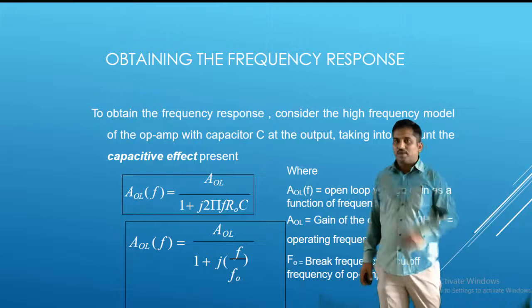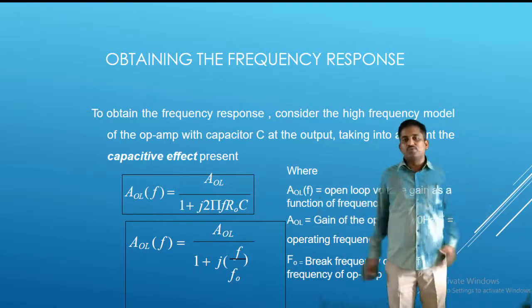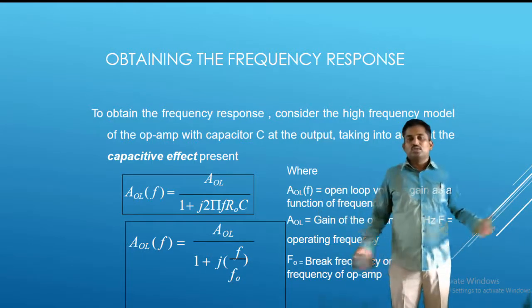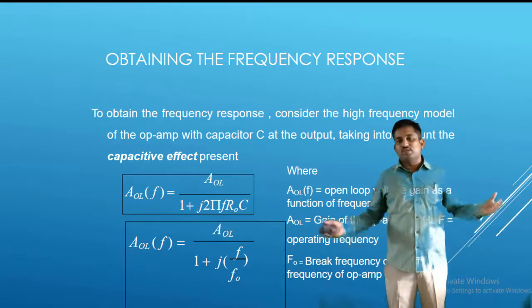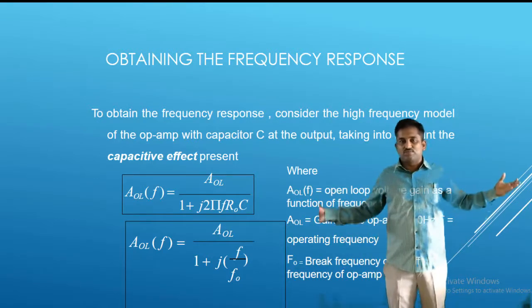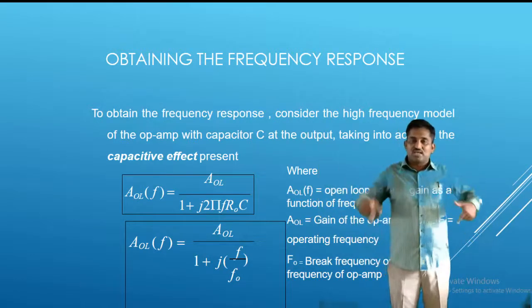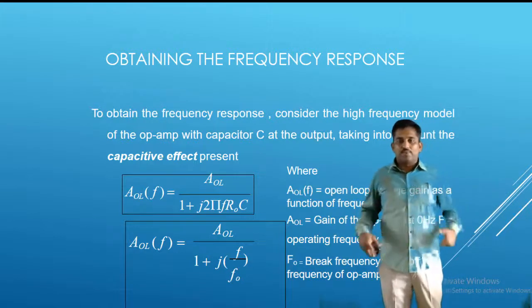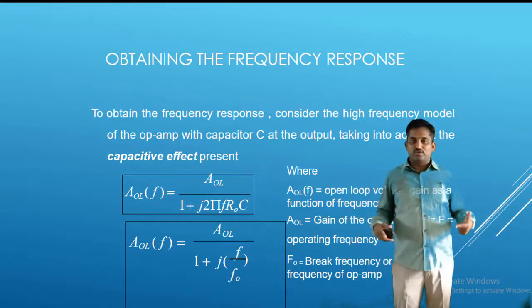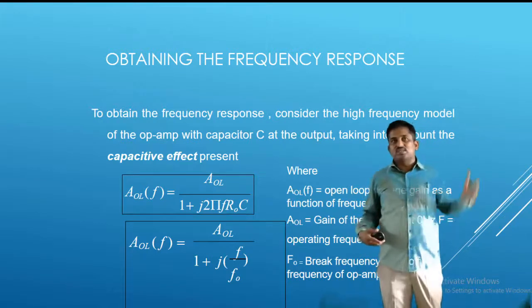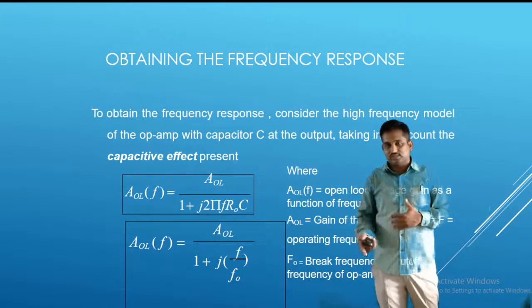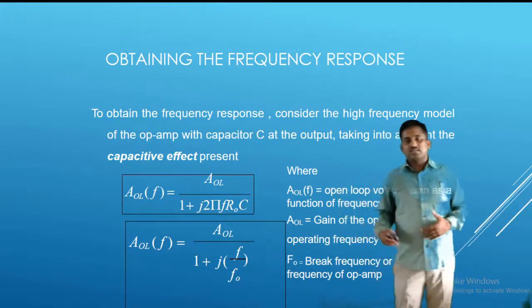For an ideal op-amp, the bandwidth will be infinity because the gain will be infinity for all ranges of frequency. But in practical op-amps, the gain is not infinity. Until the cutoff frequency, the gain is constant. After that, the gain decreases.